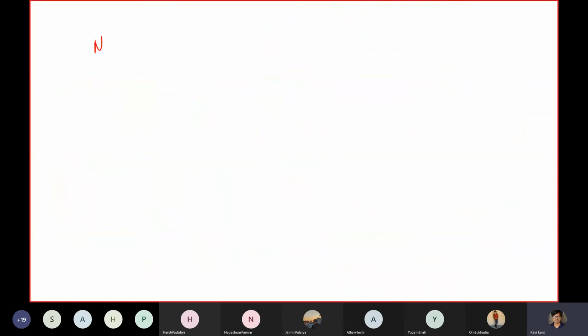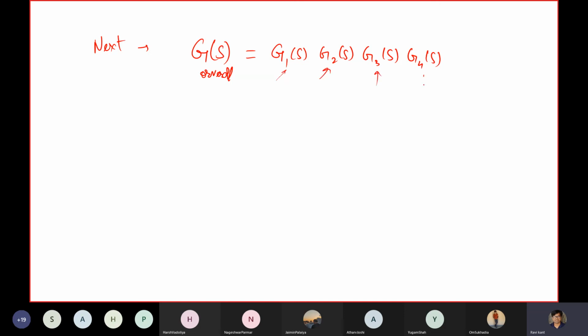In the next class, I'll talk about more generic or overall G(s), which could have G1(s), G2(s), G3(s), and G4(s) multiplied together.